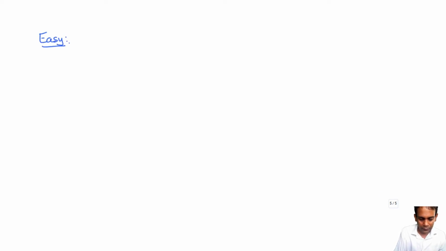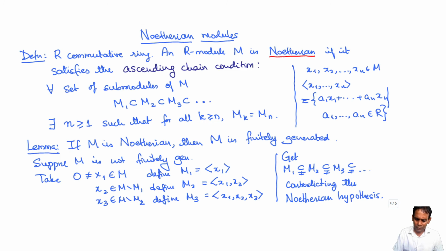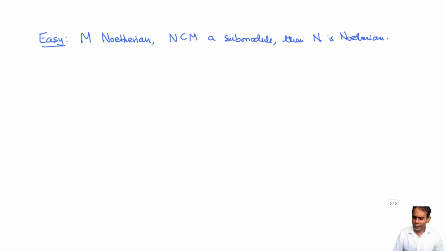Here's something that's easy to see: if M is Noetherian and N a submodule, then N is Noetherian. That's the very nature of this Noetherian condition. We want to show that N is Noetherian.